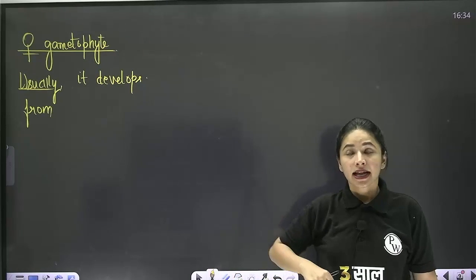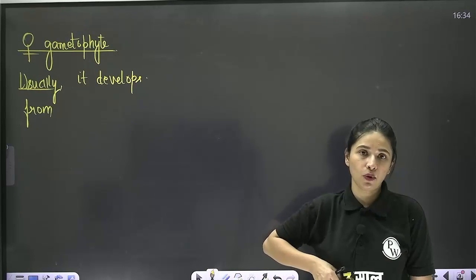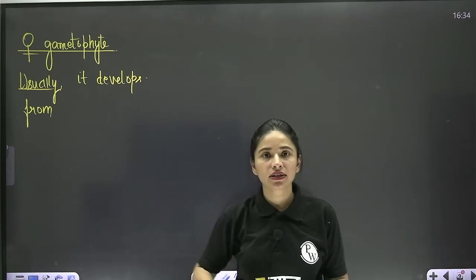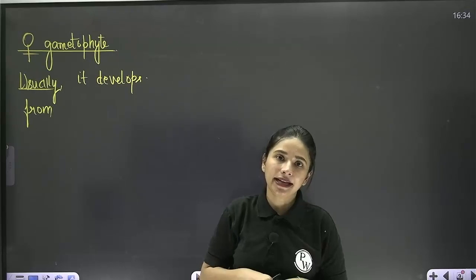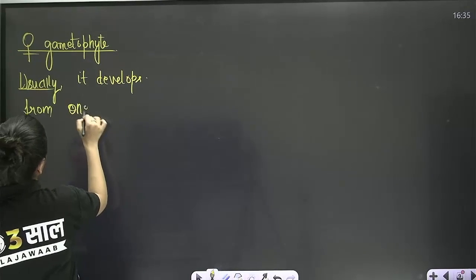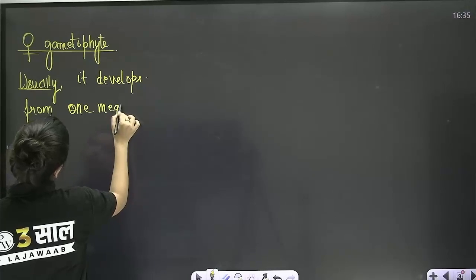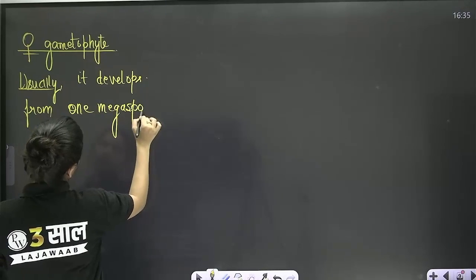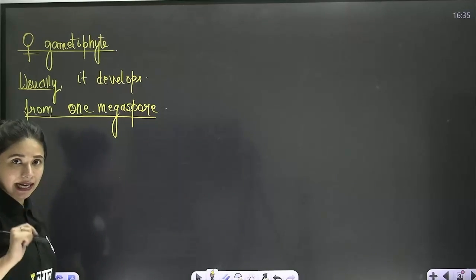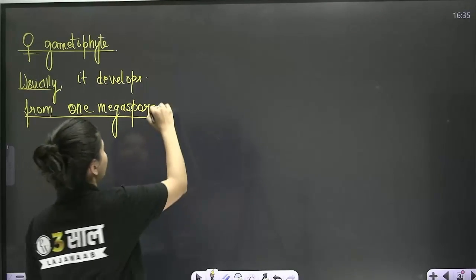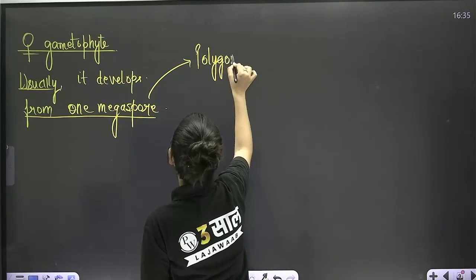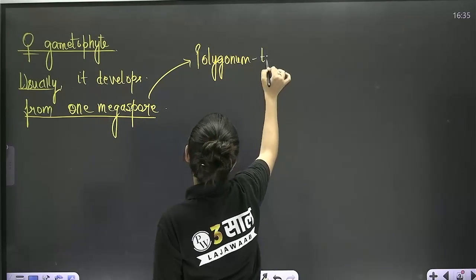That means that 1 functional megaspore is now going to allow the formation of this entire female gametophyte. Correct? Such development from one megaspore is known as polygonum type embryo sac development.